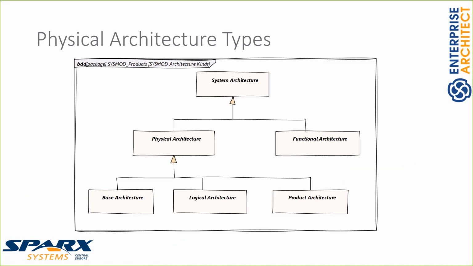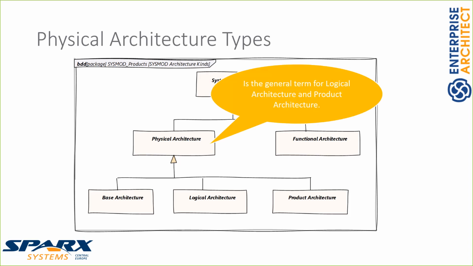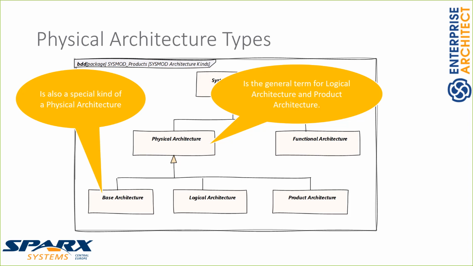It is essential to understand the meaning of the architectural types, as only then you will know how to use the appropriate SysMOD methods to create them. SysMOD differentiates between the architecture kinds listed on a diagram. The physical architecture is the general term for logical architecture and product architecture. The base architecture is also a special kind of physical architecture. Sometimes the term physical architecture is used for the architectural kind that Tim calls the product architecture.